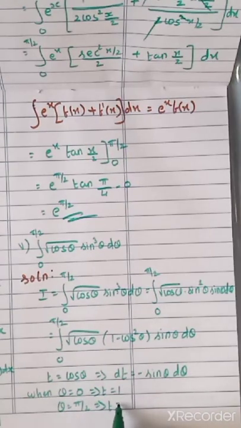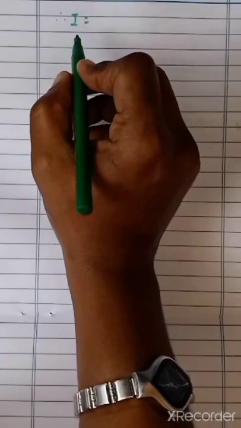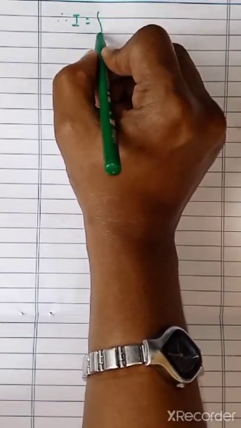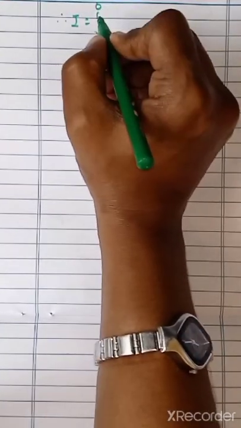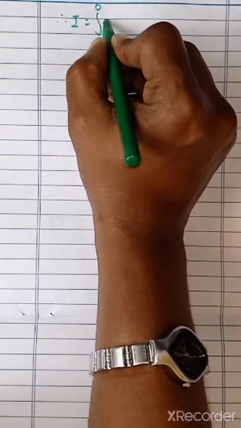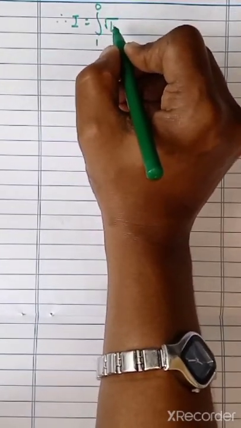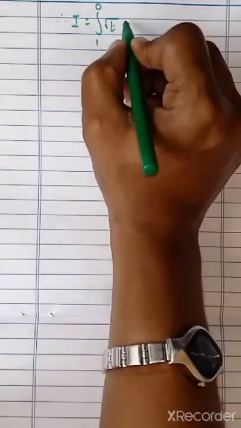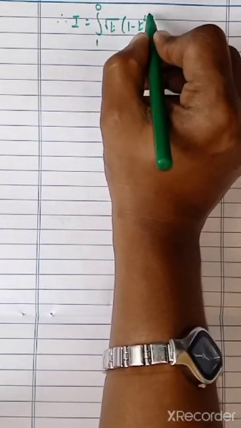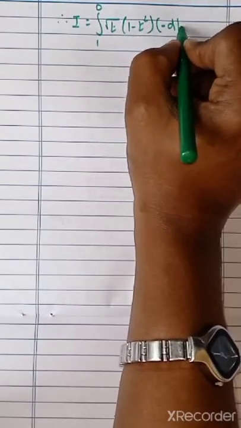So t equal to 0. Therefore, we can change the I as I is equal to integral, limit will change, correct? So what limit? 1 to 0, okay, square root of t, because we are taking t equal to cos theta, no? So square root of t into 1 minus t square minus dt.